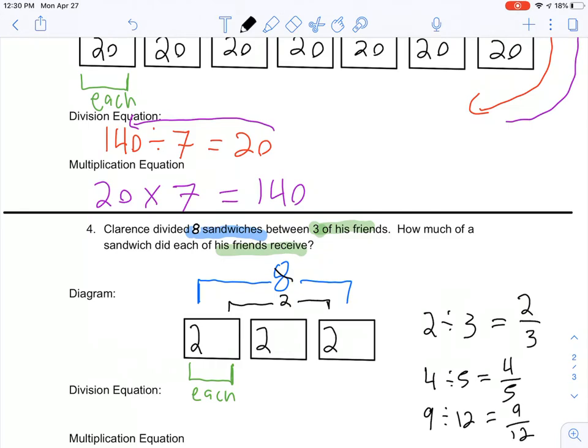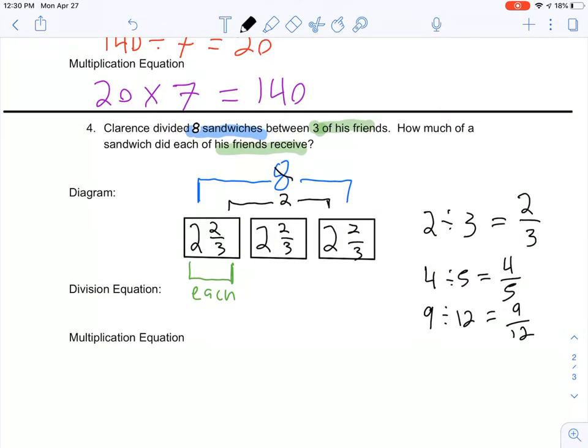You just stack those numbers. So 2 divided by 3 will equal 2/3, and that means each friend gets exactly 2 2/3 of a sandwich.